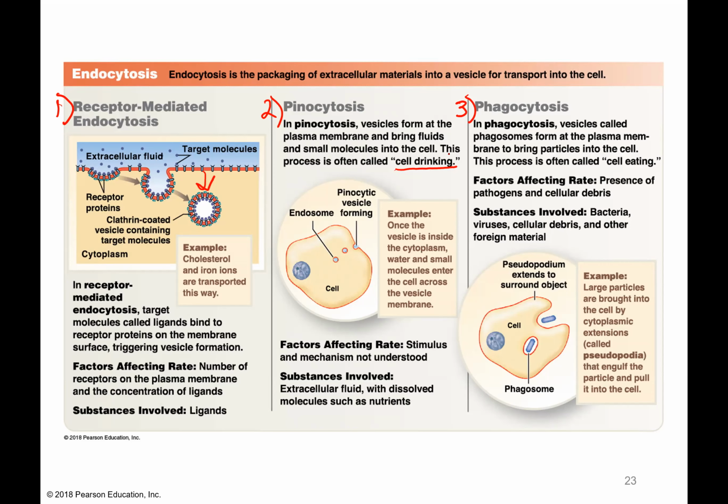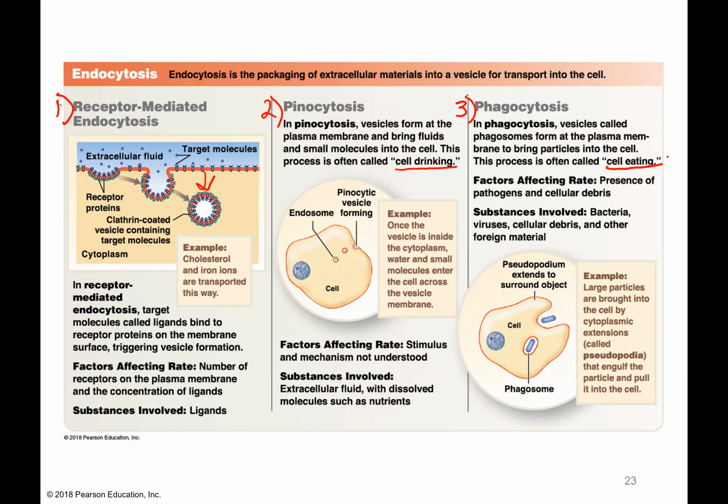And with phagocytosis, this is often referred to as cell eating. This is when the cell engulfs large particles, or let's say a bacterium, because it's a white blood cell, engulfs it into a phagosome and digests it down.